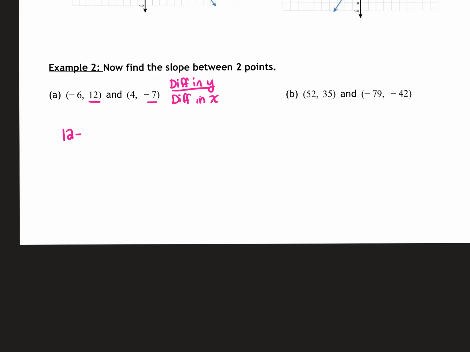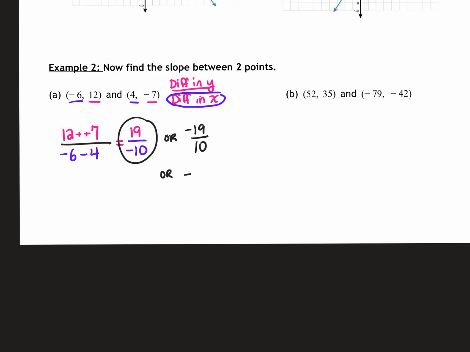So I would do 12 minus -7 over, sorry, had to change ink there, over my difference in x's, so that's -6 and 4, so -6 minus 4, and then you simplify. 12 minus -7, well that's adding 7 really, it's 12 plus 7, so that's 19, over -6 minus 4, which would be -10, and our slope is 19 over -10. Or you can write that as -19/10. Or you could even write that as negative and then 19/10. All three of those mean the same thing.